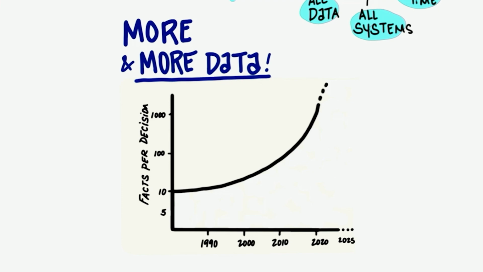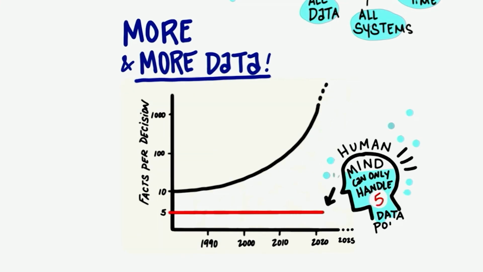And although not every decision certainly is complex, I would argue that all decisions are getting more complex as the amount of data grows and the possible treatments grow. What has not changed is the number of facts that a human can handle in making a decision. That's about 5. I like to think, like most of you, I could do 7 or 8. But I was behind in 1980, and now, like everyone else, I'm hopelessly behind.